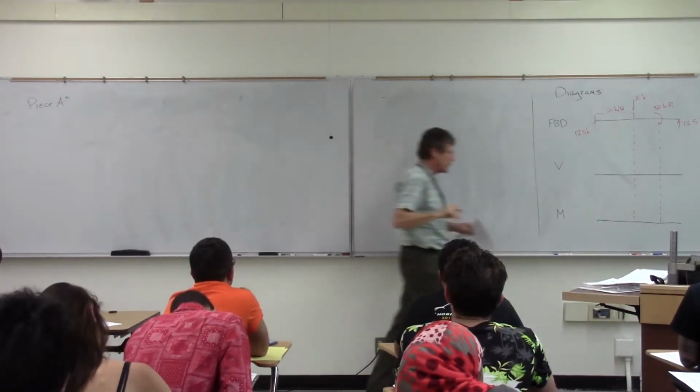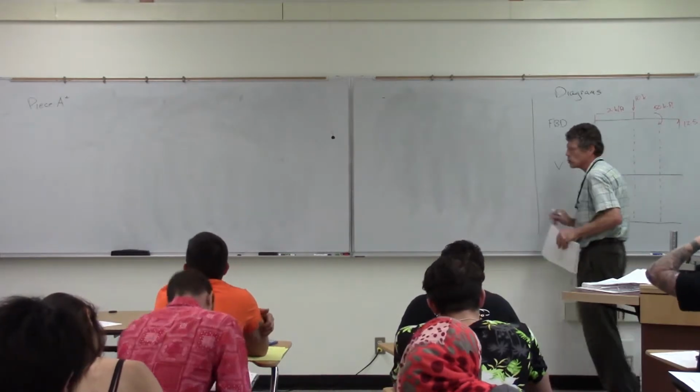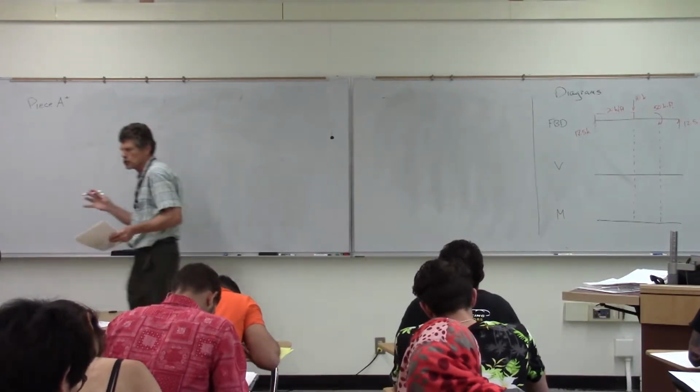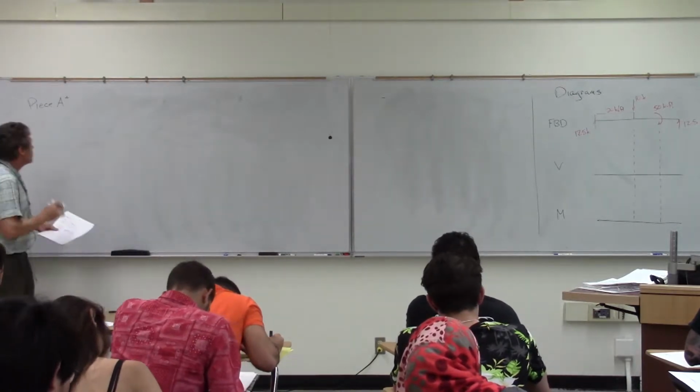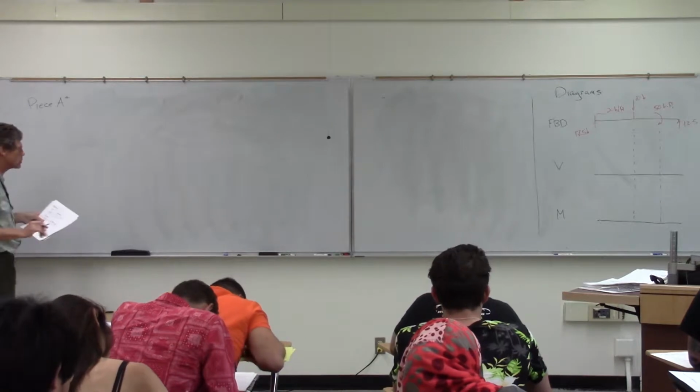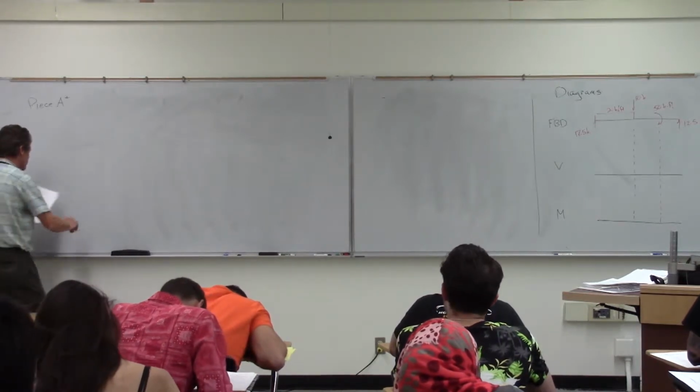Now, part of what we're going to have to do, when we talk about these portions where there are concentrated loads and concentrated twists and that sort of thing, because the shear diagram is so sensitive to that, is look at some infinitesimally small pieces to see what's going on and apply equilibrium to them.